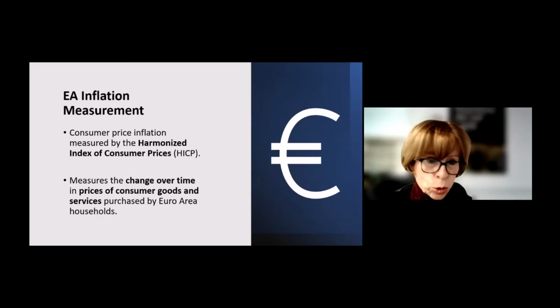It's food, energy, clothing, transportation, things like that that will get picked up in the EA HICP. So as I said, it measures the changes over time in prices of these goods and services in the EA.